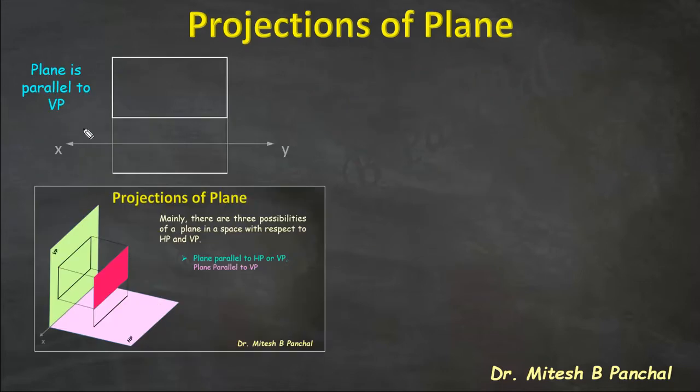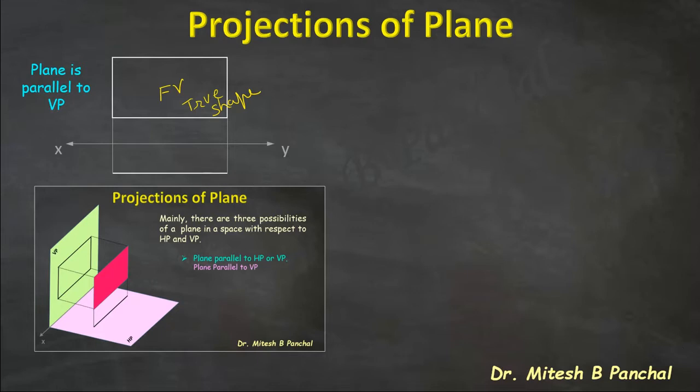So when the plane is parallel to VP, the front view is a true shape, that is the same as the shape of the rectangle, while the top view is a line view, means it's a line and that is parallel to XY.